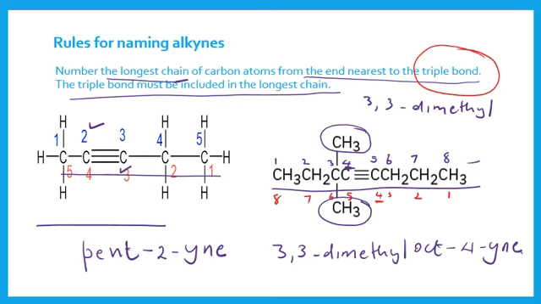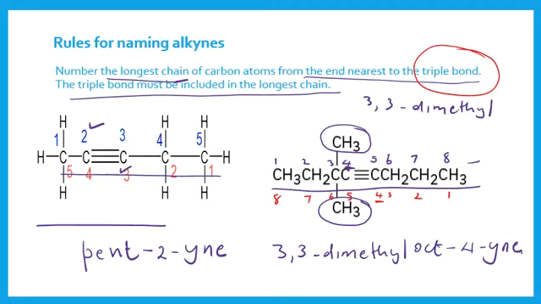We could also number this from right to left and say this is 1, 2, 3, 4, 5, 6, 7, 8. So now we need to decide which numbering is correct.